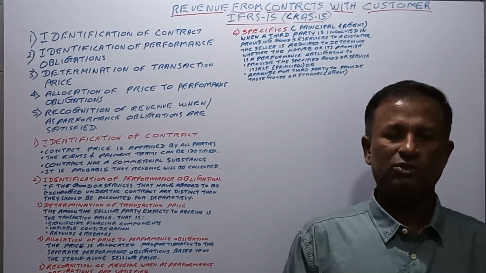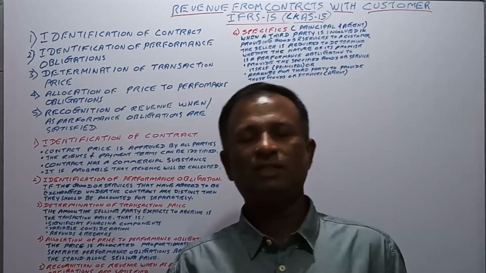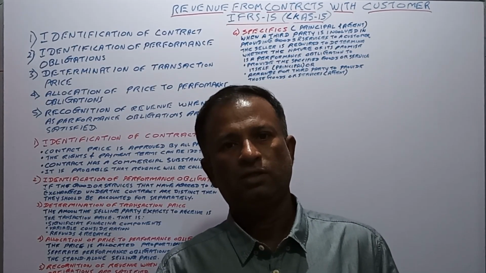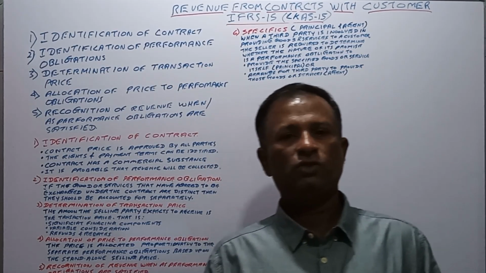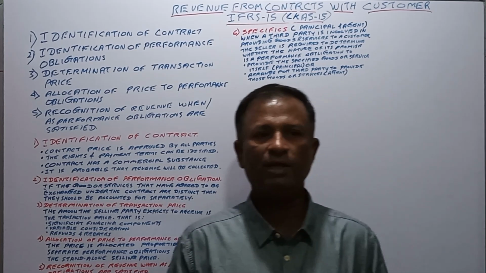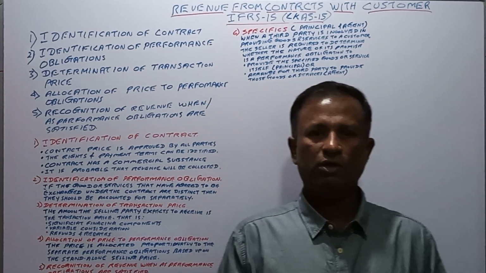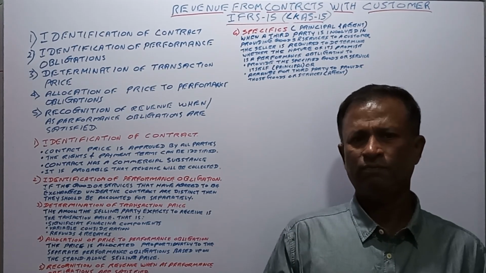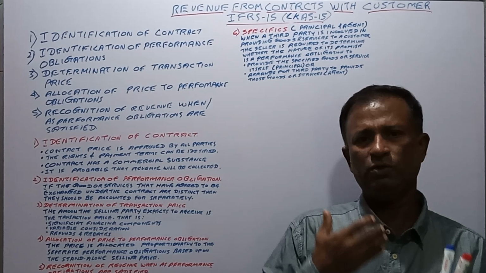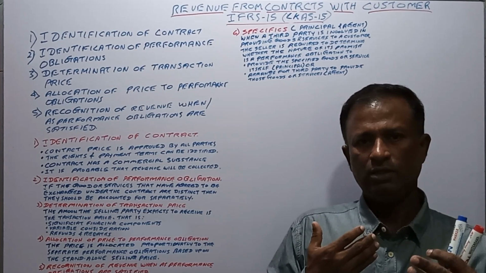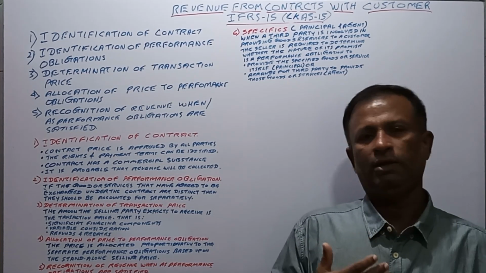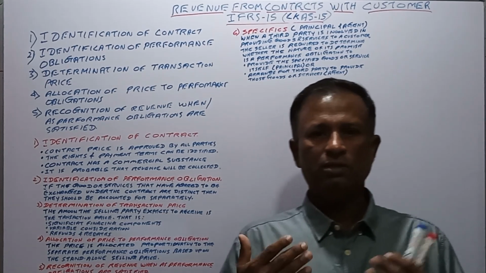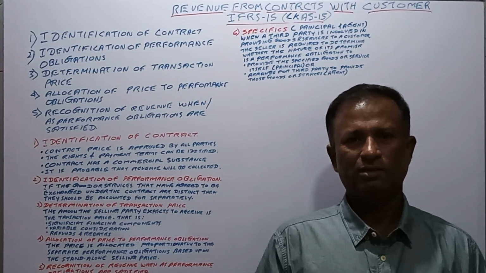So when you make a purchase from a grocery shop, that means if you are buying rice or anything, that's a contract between you and the grocery retailer. That means it is an implied term.